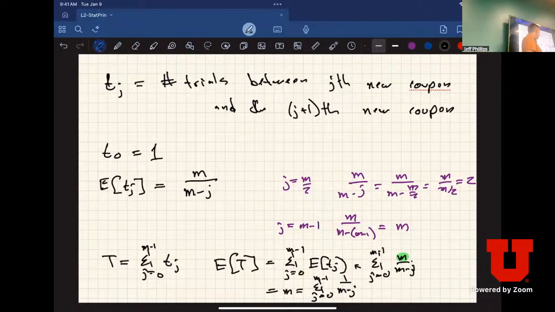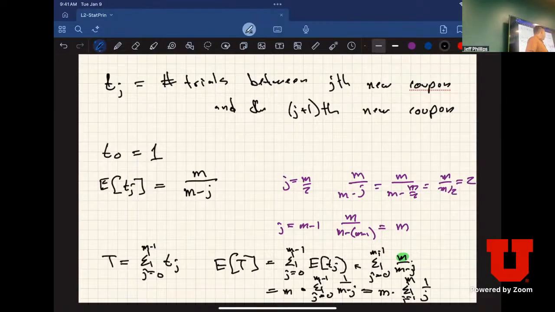If I instead sum from m minus 1 down to 0, I can rewrite this as m times the sum j equals 1 up to m of 1 over j. Okay, m was this thing I factored out, times the sum of 1 over j, by realizing that if I count from the bottom up, it's a little bit easier to write and think about.